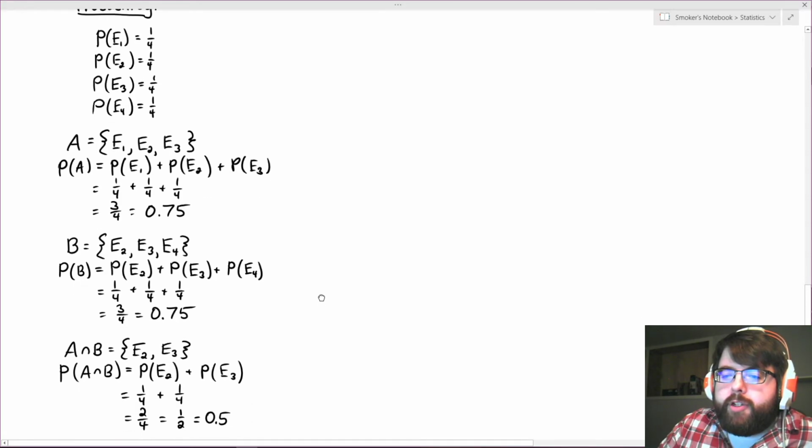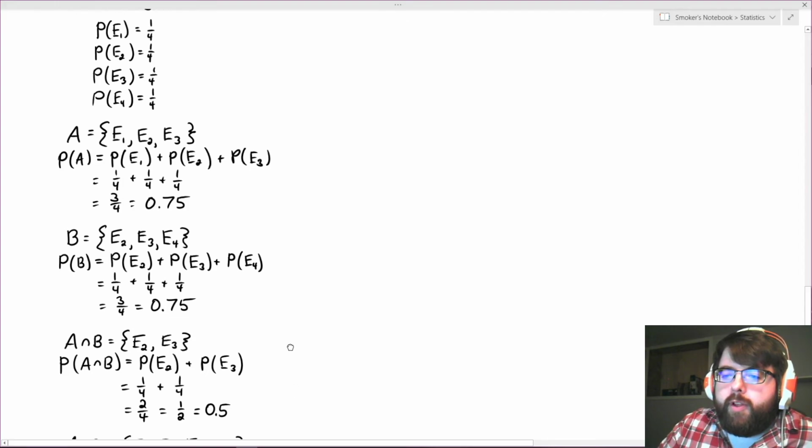So there'd be a 1/2 chance that you'll get an event that meets both of those conditions, A and B, that you see at least one head and at least one tail. Obviously, if you get a head and tail, you're meeting both those conditions, and there's a 50% chance of that.